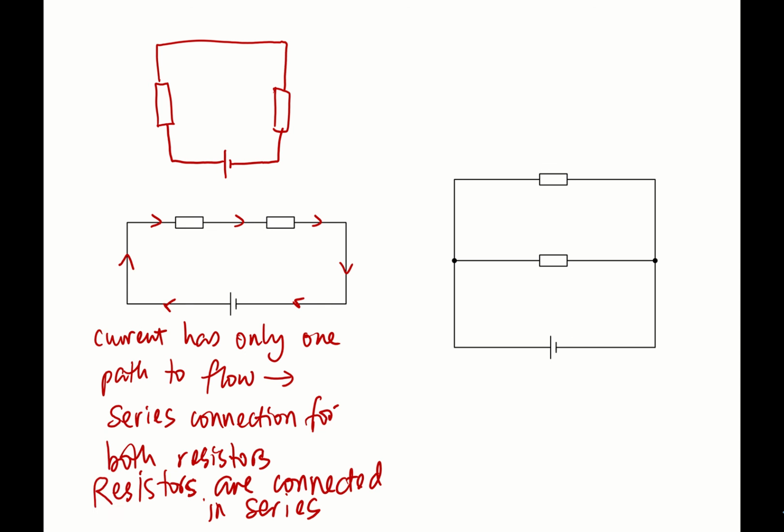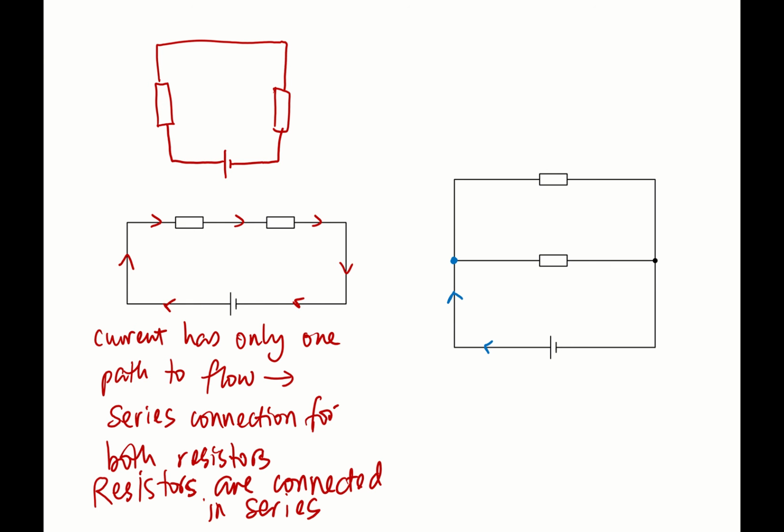How about the circuit on the right? The current flows from positive, higher potential, and when it arrives at the junction, this junction here, where I circled it in blue, there are two ways for the current to flow.